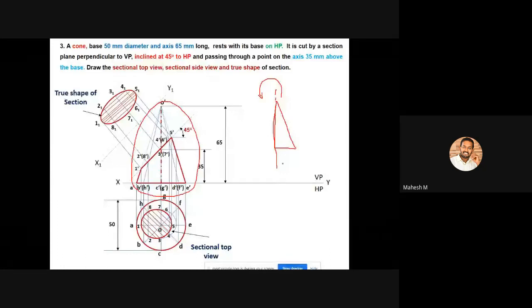Similarly, if you rotate a rectangle like this, you can generate a cylinder. Similarly, if you rotate a circle, you can generate a sphere.